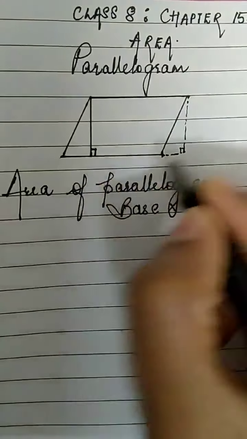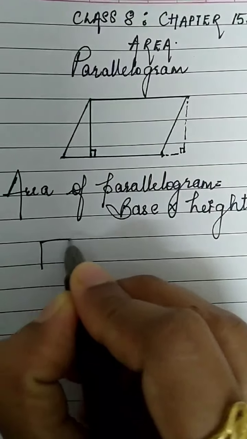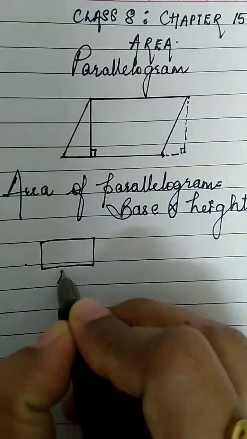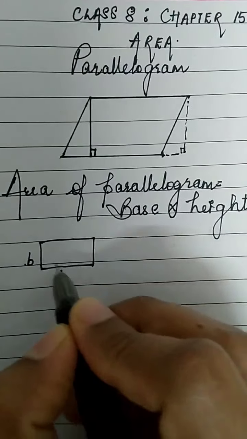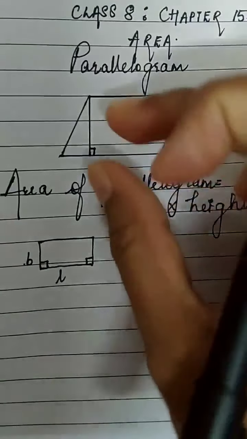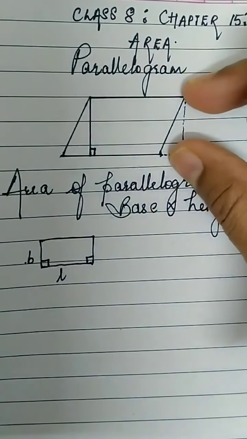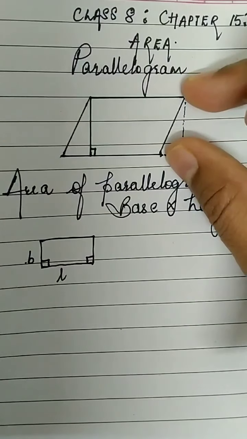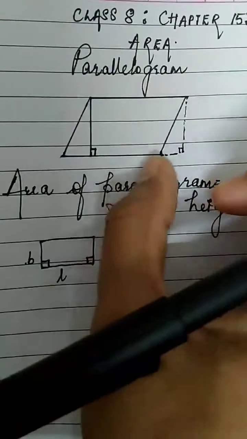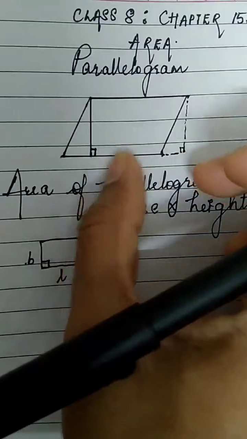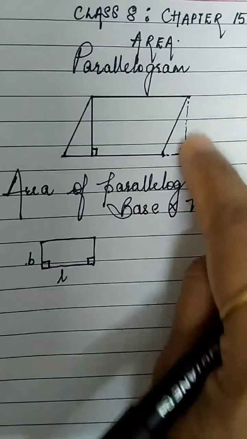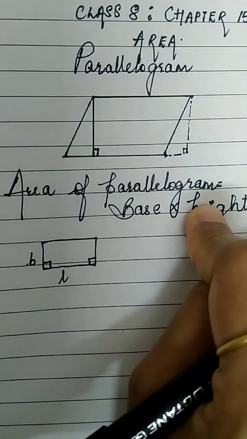And we all know area of rectangle is equal to length into breadth, right? If I take this as length and this as breadth, area of rectangle is length into breadth. So what did I do? This part I cut and brought it to the other end. So we have the breadth and this is the length. So length became base of the parallelogram and breadth became height of the parallelogram.